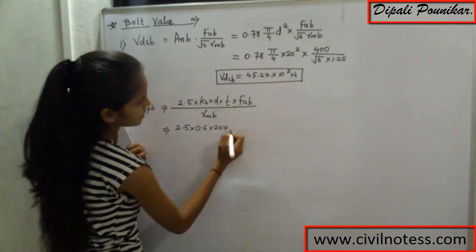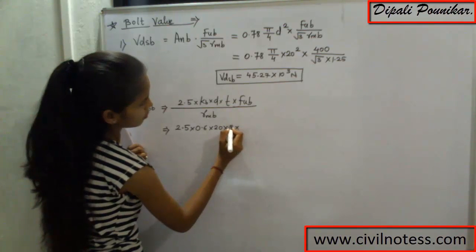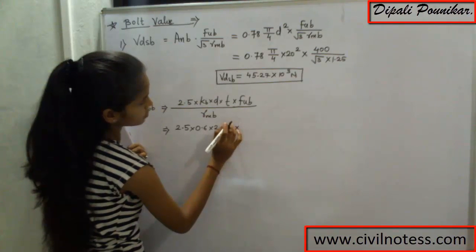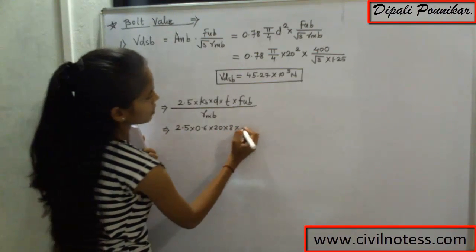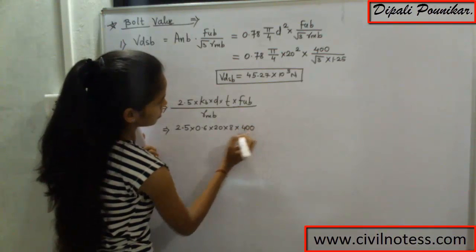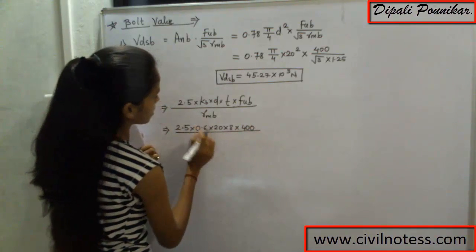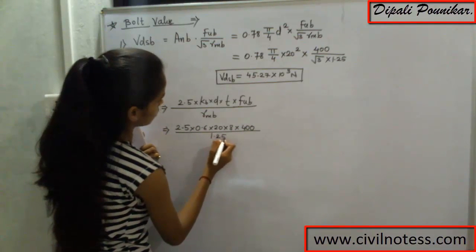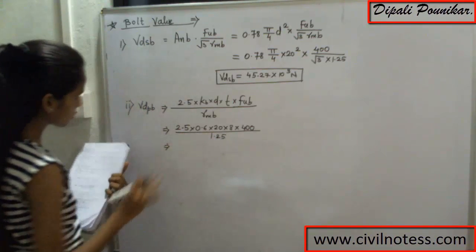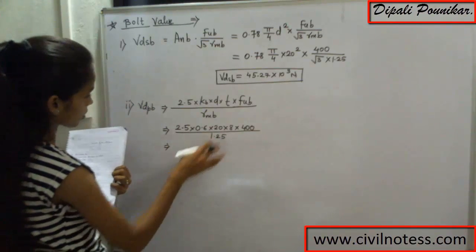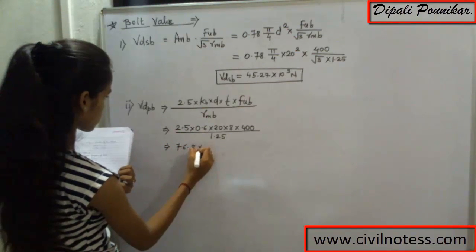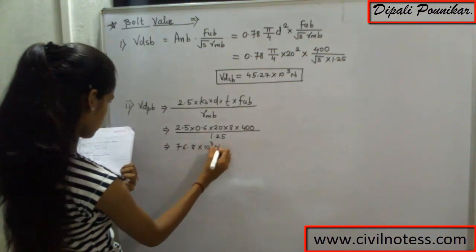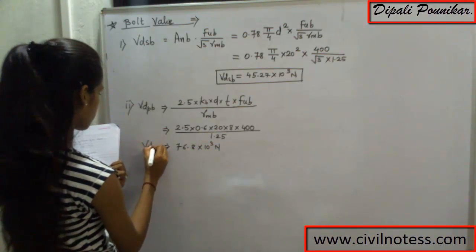T is the thickness, which we get from the steel table, that is 8. Fub is 400 and gamma mb is 1.25. After calculating this equation, we get 76.8 into 10 to the power 3 Newton. This is the value of Vdpb.